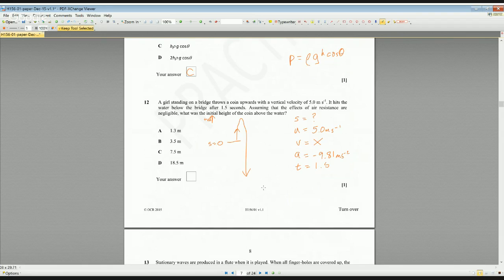So you want the Suvat equation that does not have V in it, which would be S equals UT plus half AT squared, and we can plug in all of our values here, and eventually this would come out as being minus 3.5 meters. Now we expected that minus sign, which means that answer B is the correct answer.